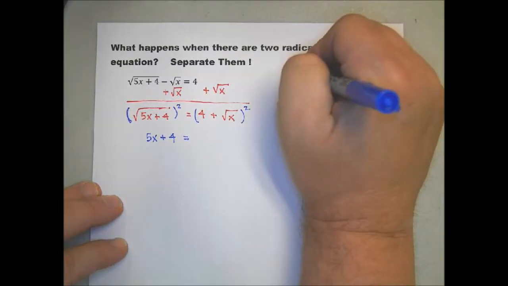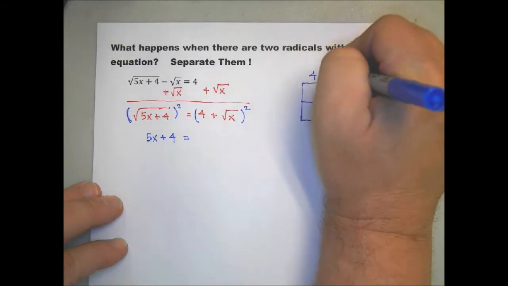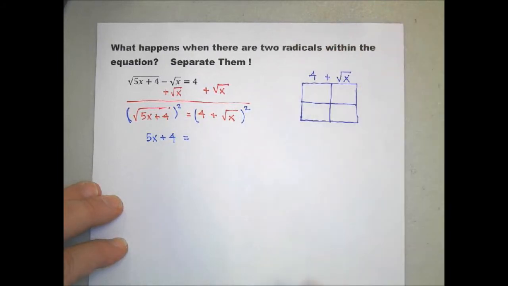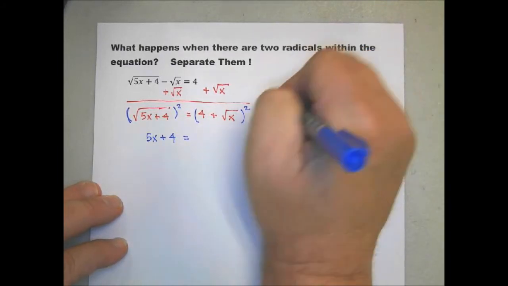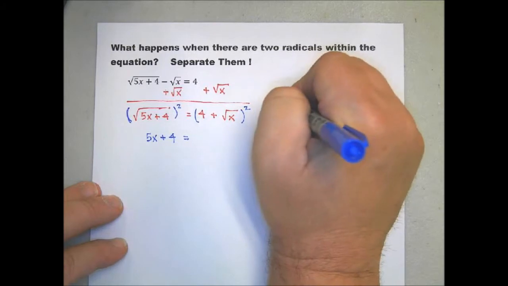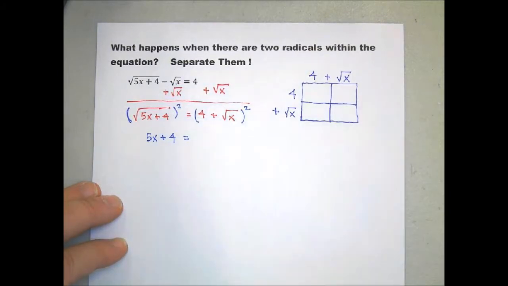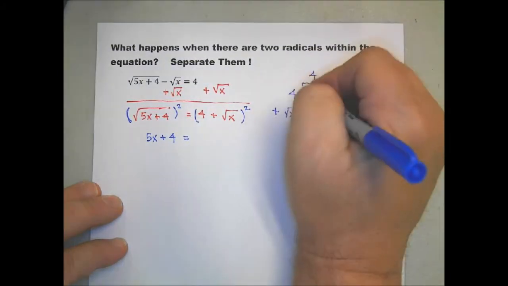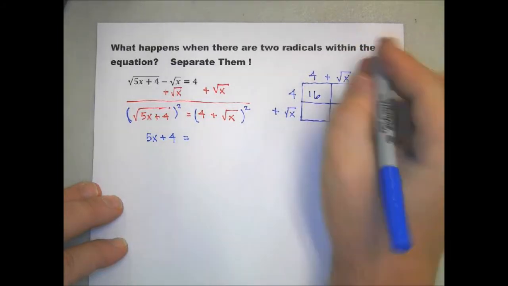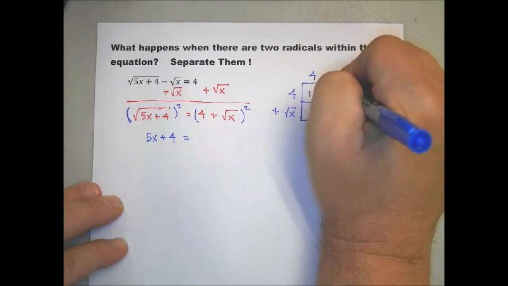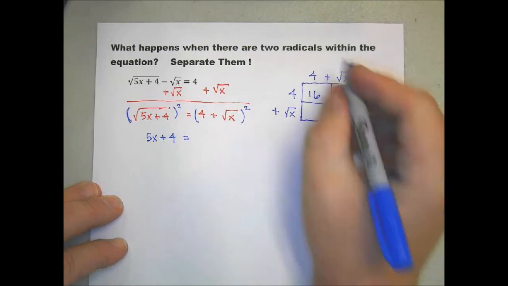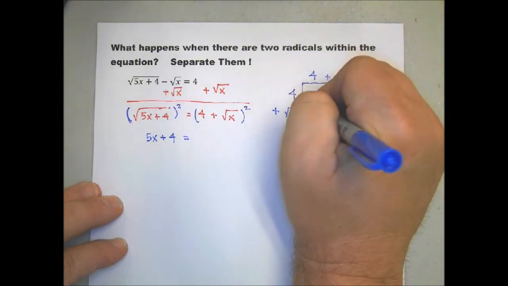So it would be 4 plus square root x multiplied against itself, another 4 plus square root x. So 4 times 4 is 16. 4 times root x is 4 root x. Root x times 4 is another 4 root x.